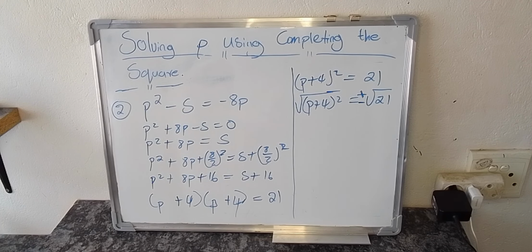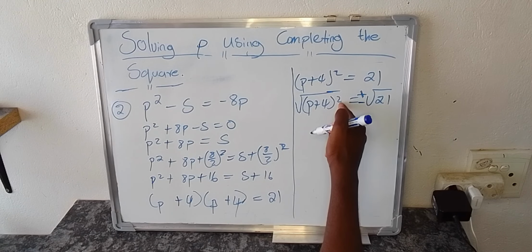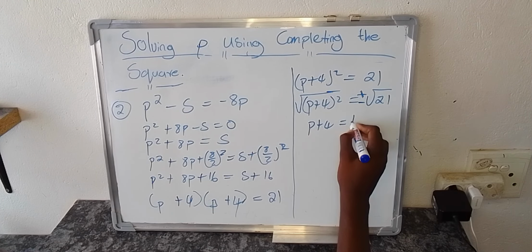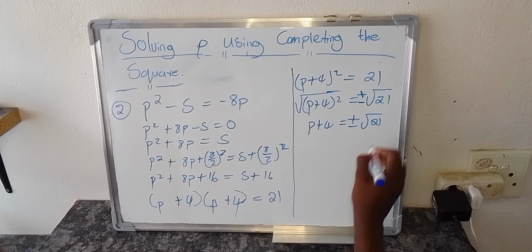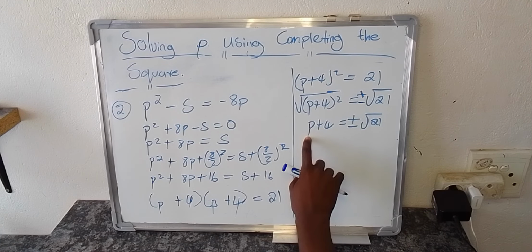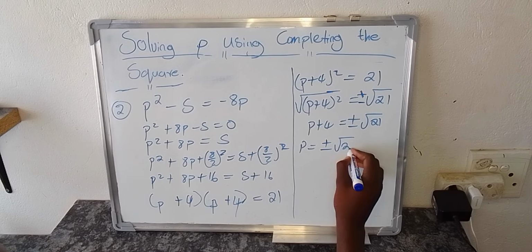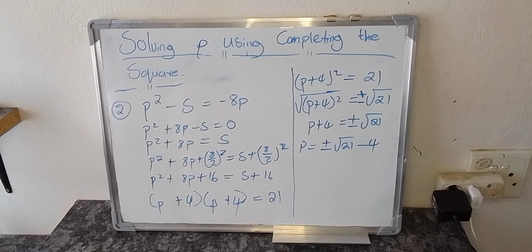You see? Then from there, this square root will cancel this exponent 2. We're going to be left with p plus 4 is equal to positive or negative square root of 21. Then now we are going to isolate p. So we are going to have p is equal to plus or minus square root of 21 minus 4.